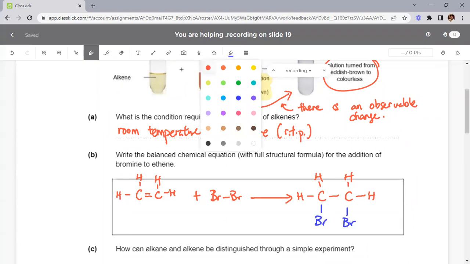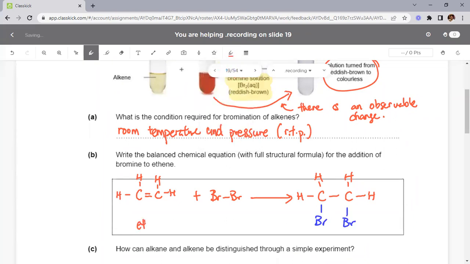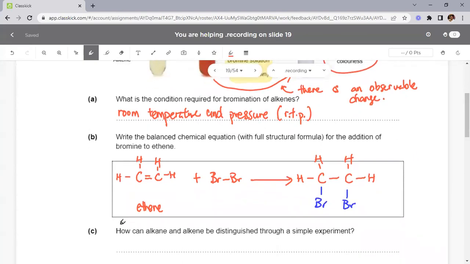The name of this initially is ethene. After addition, there's no more double bond. I have two bromine, each one added to different parts. So this is called 1,2-dibromoethane. The 1,2-dibromo tells you that one bromine is attached to the first carbon and another bromine is attached to the second carbon.